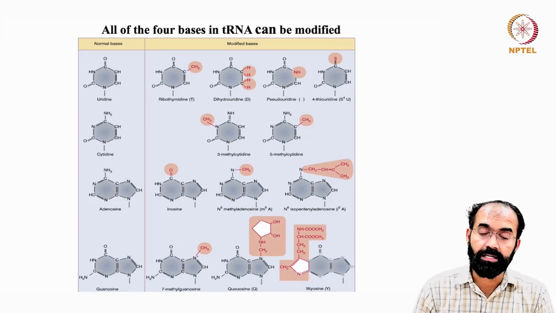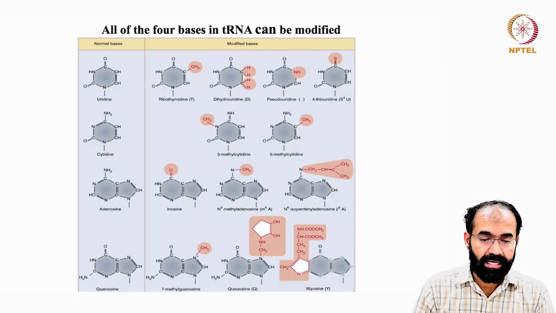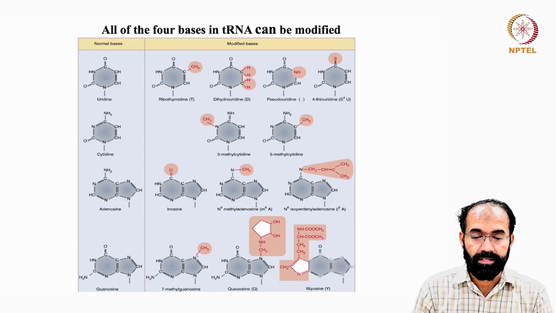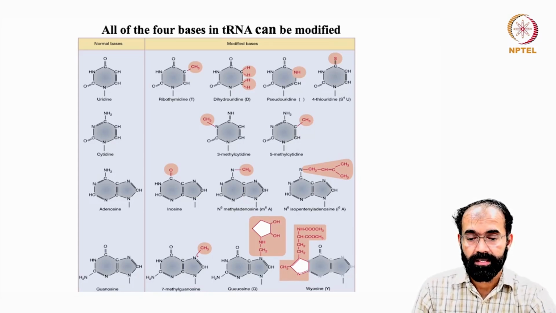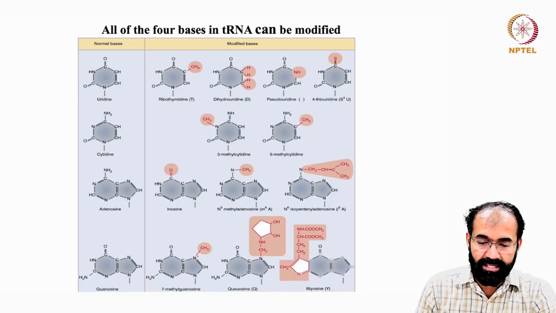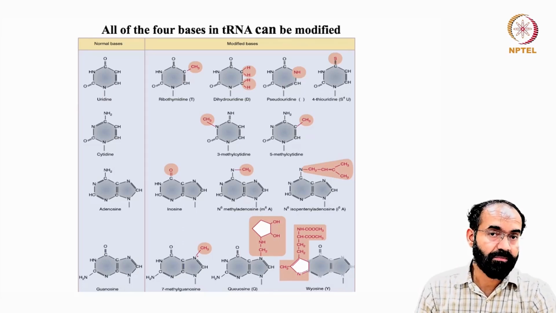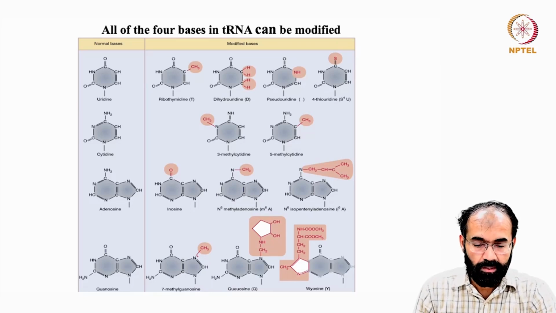Uridine, cytidine, adenosine and guanosine, all these bases can change into ribothymidine, dihydrouridine, pseudouridine, 4-thiouridine, etc. Cytidine can also be changed into 3-methylcytidine, 5-methylcytidine, etc. Adenosine can change into inosine, N-methyladenosine and N-isopentenyladenosine, etc. And guanosine can change into 7-methylguanosine, which we are all familiar with because it is used for the 5' cap, and also queuosine and wyosine.